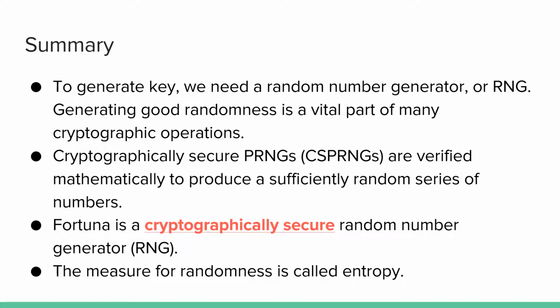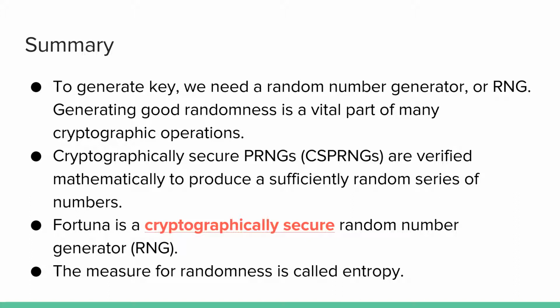As we have discussed in the applications previously, we need a random number generator to generate a large number of random numbers every day in our lives for keys, salts, or nonces. And generating good randomness is a vital part of many cryptographic operations.